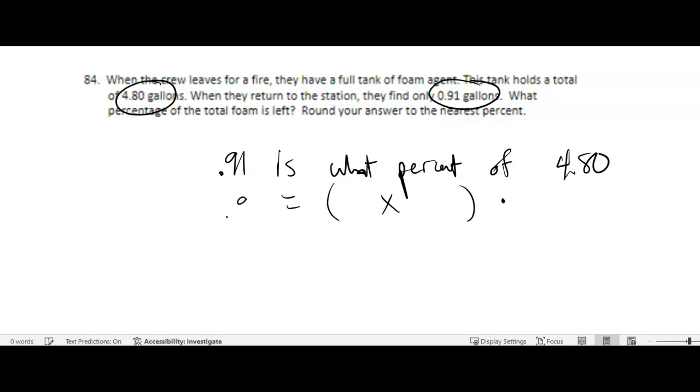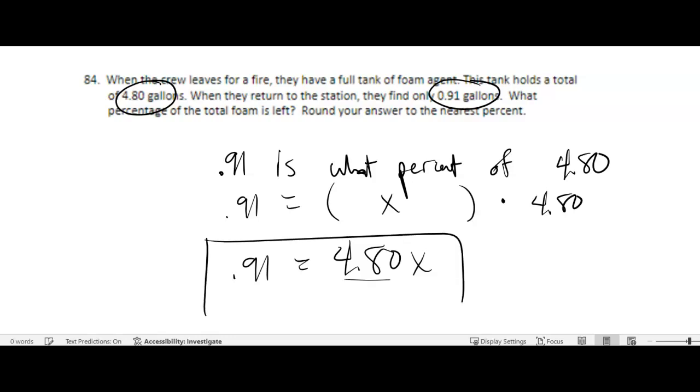So I got 0.91 equals x times 4.8. Okay, so I'll rearrange it, 4.8x equals 0.91. And then I can solve this linear equation by dividing both sides by 4.8. All right, and that'll give me, of course, a decimal, and then we'll have to translate that to a percentage.